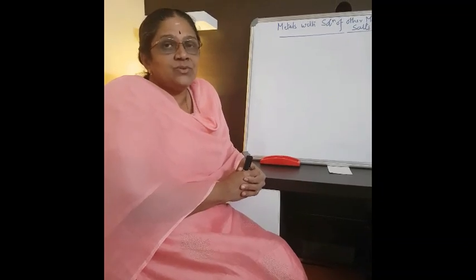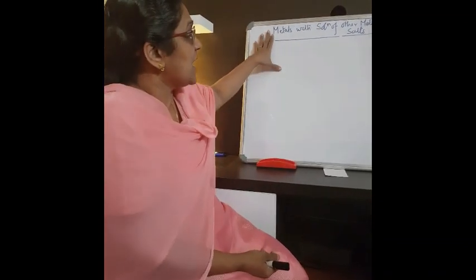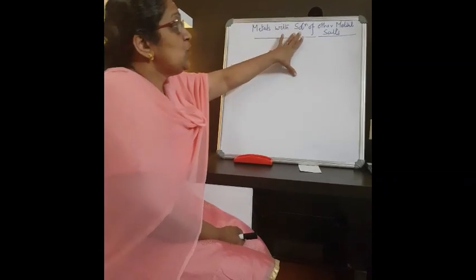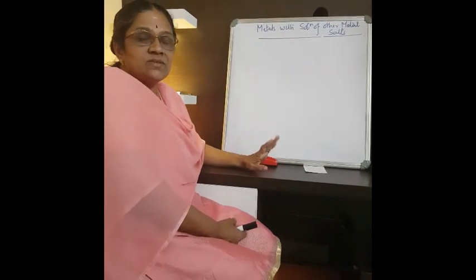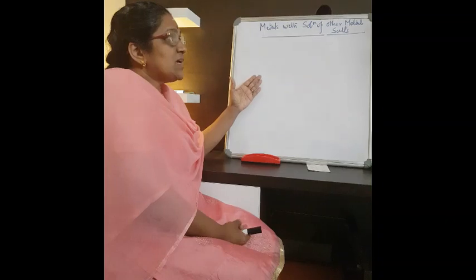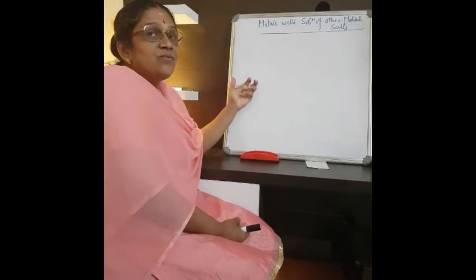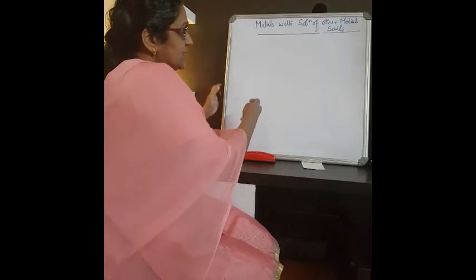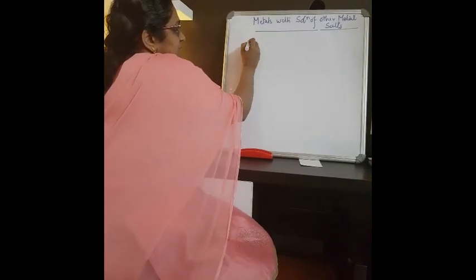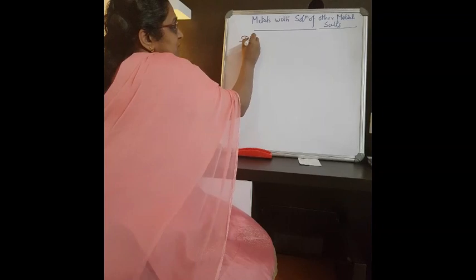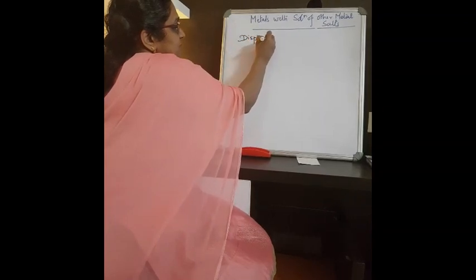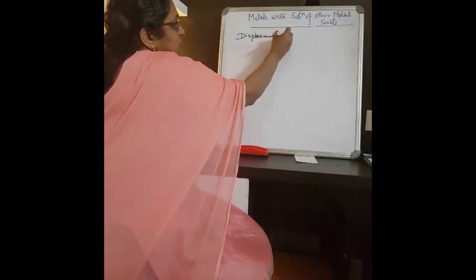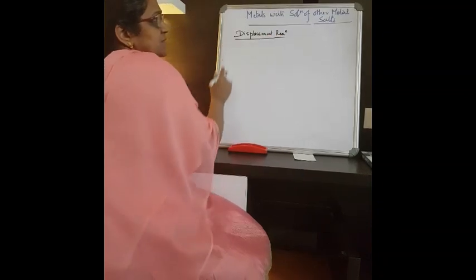Now today we will look at the reaction of metals with the solution of other metal salts. Actually you have studied this in the first chapter. Recall that this is nothing but the displacement reaction which you studied in the first chapter.